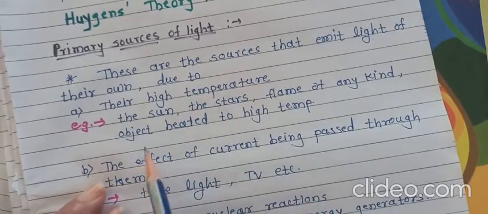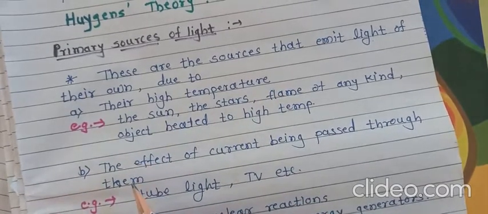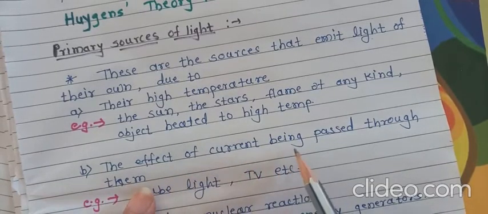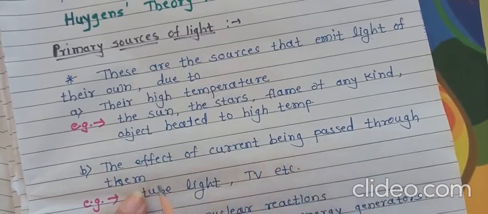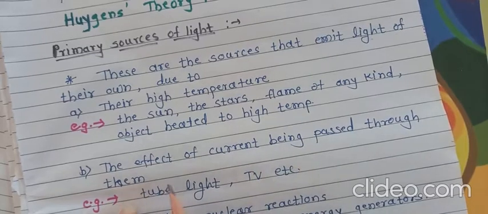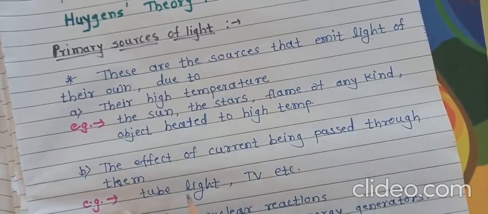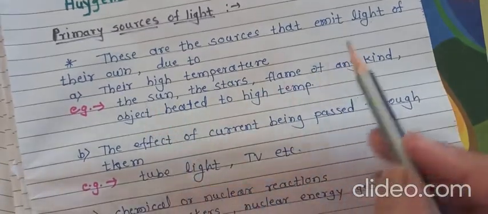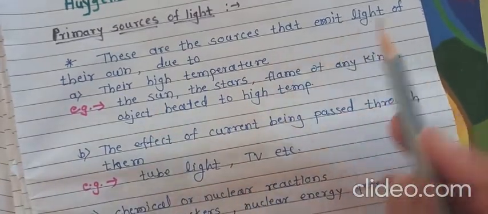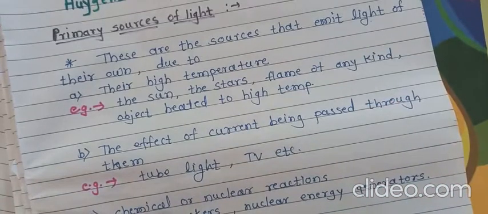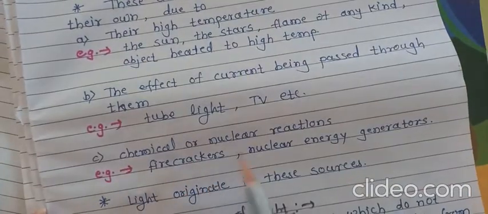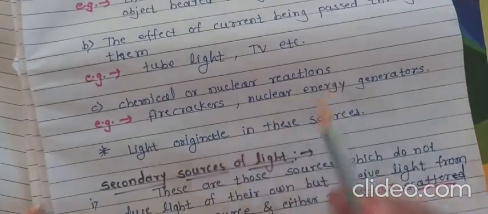Second, primary sources also emit light due to the effect of current when passed through them. Examples of this are a tube light or TV. Also, primary sources emit their own light due to chemical or nuclear reactions, for example, firecrackers and nuclear energy generators.